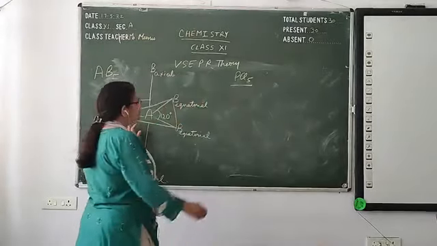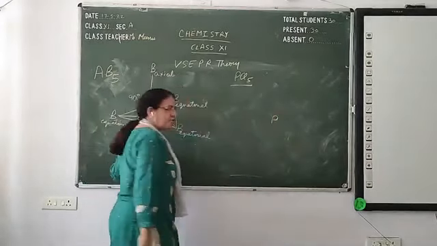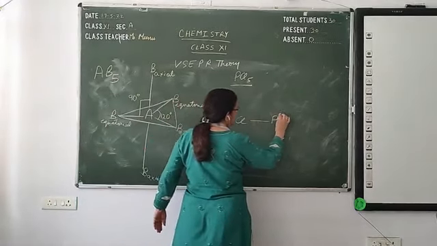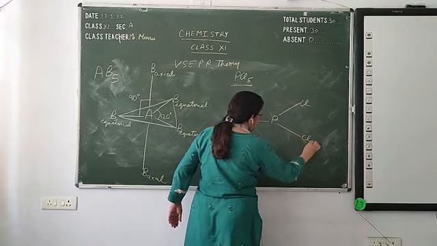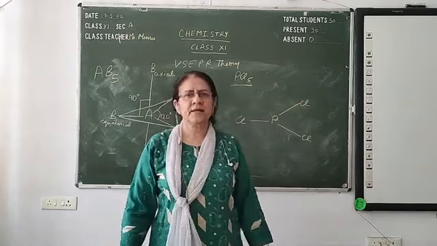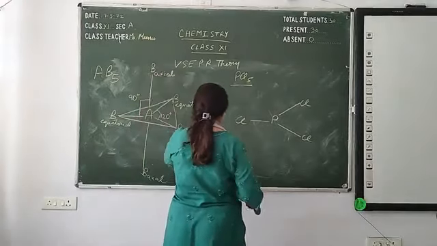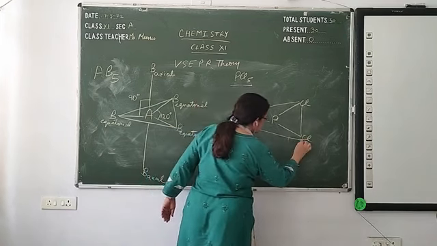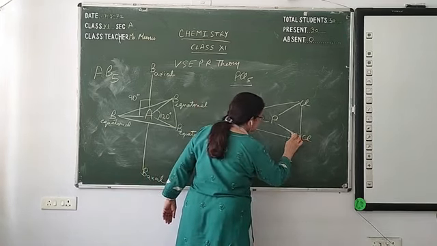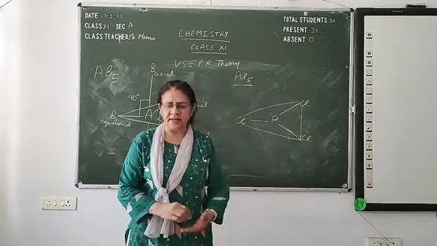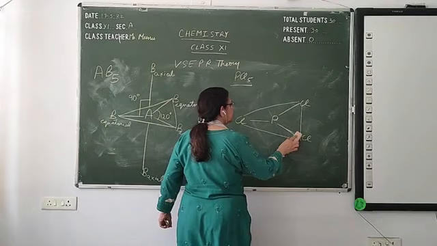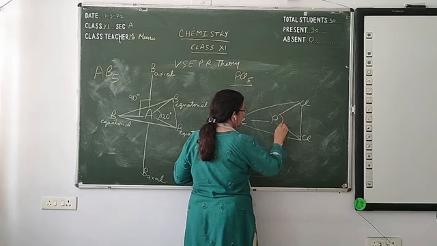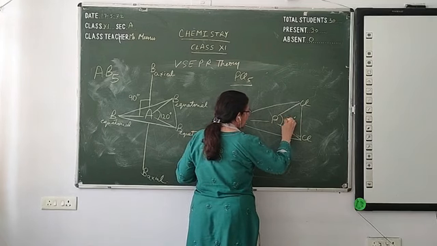Now in case of PCl5, P or phosphorus is the central atom. It is surrounded by 3 chlorine atoms, and the 3 chlorine atoms, they are arranged such that the bond angle is 120 degree.